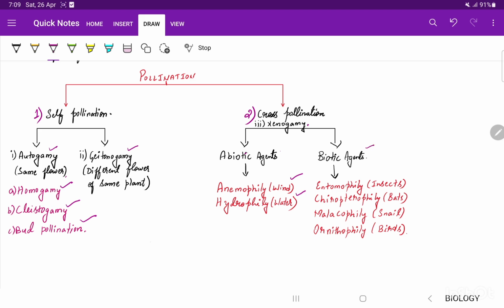In biotic factors where living organisms are involved, entomophily by insects, chiropterophily by bats, malacophily by snails, and ornithophily by birds. Now this is just a highlight of pollination. We will go through it in detail in the next class. I have just introduced what is pollination, what are the types, and the names of them. I will give examples for each of them and explain in the next session.